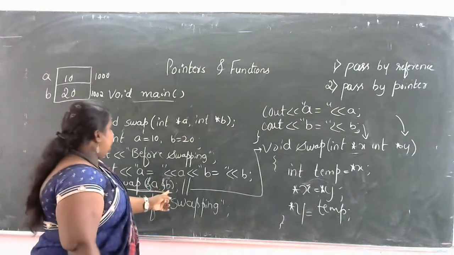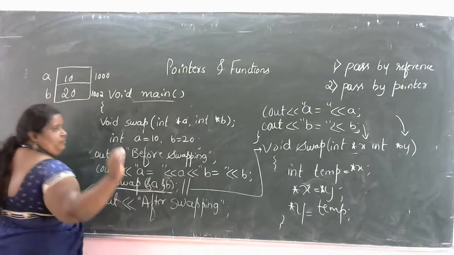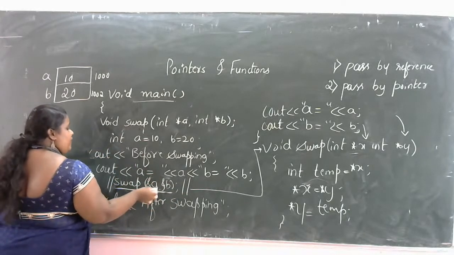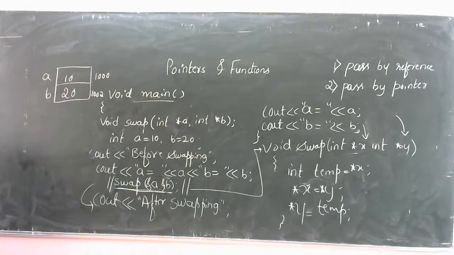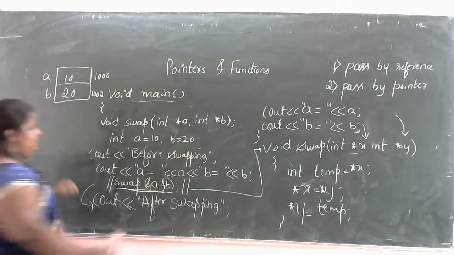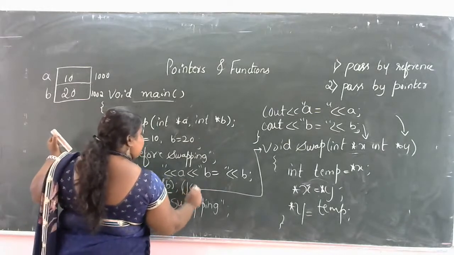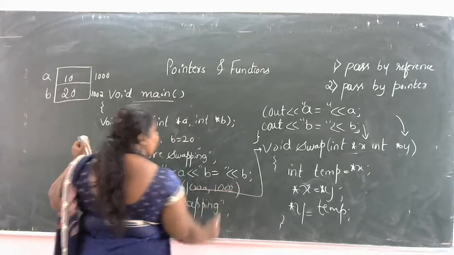Before, we passed just a and b, that is, we passed values. But here, instead of values, we are passing addresses. What is the address here? A address is 1000, so we are passing 1000 comma 1002.